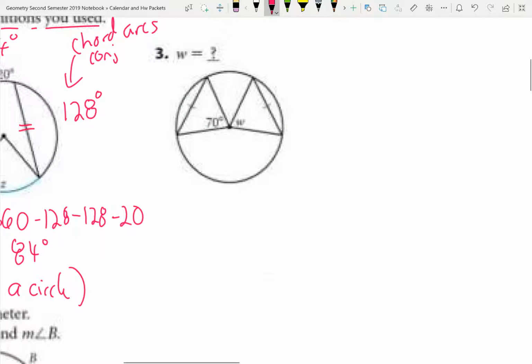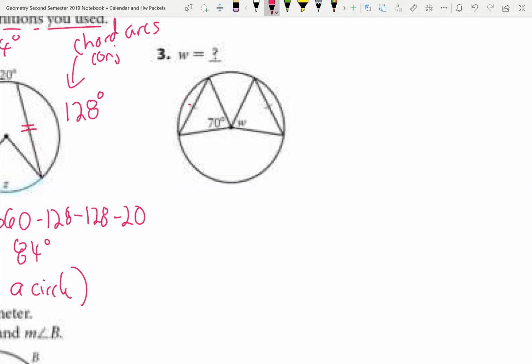Next is number 3. Again, we have two congruent chords, and we're trying to find W here. This is 70 degrees, and so W will also be 70 degrees.